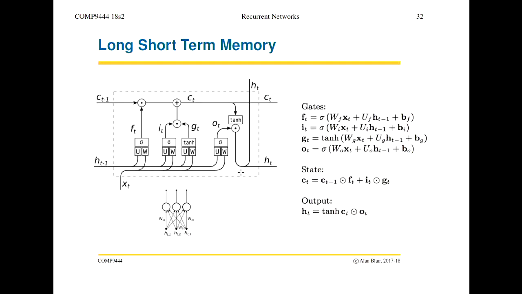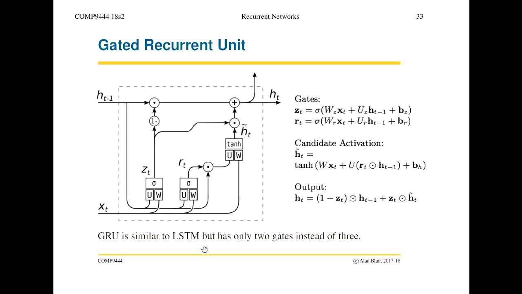People looked at this LSTM, and there is something a bit weird about it. It kind of looks more complicated than it ought to be, because you're deciding how much to forget, and then how much to incorporate, and then how much to output. So here you've only got 2 gates instead of 3, and these gates determine the ratio of how much of the previous information you keep versus how much of the new information you add in.